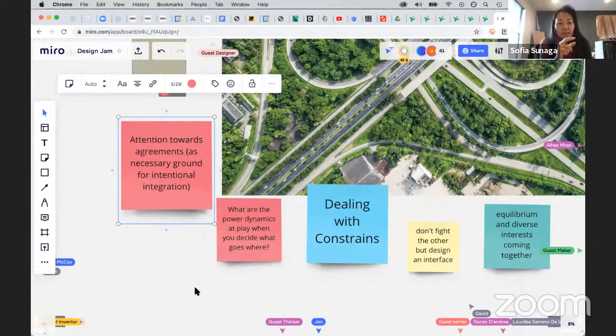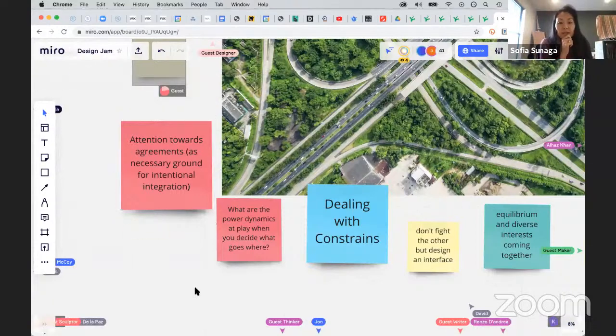I mentioned the agreement piece in relationship to that integration. There's something around agreements that are sometimes invisible, particularly amongst humans, like social norms, and even ways of thinking. In order for an agreement or an integration to occur, even for example the power dynamics, there are conscious and unconscious agreements that we're all participating in.